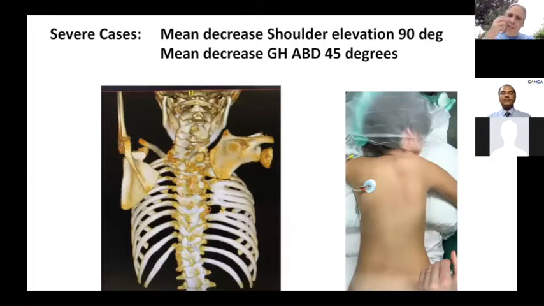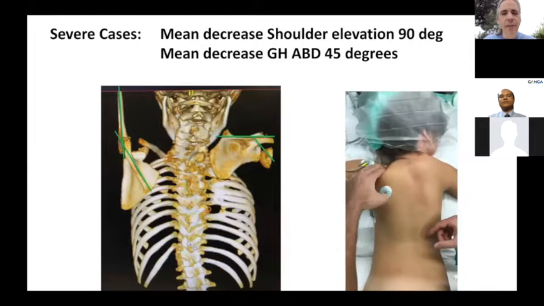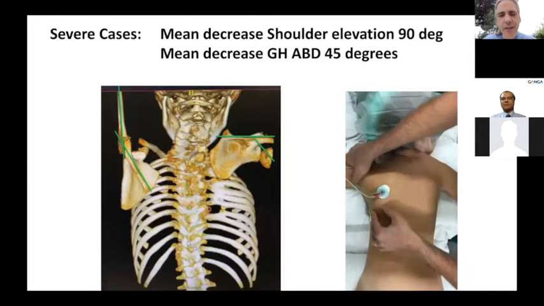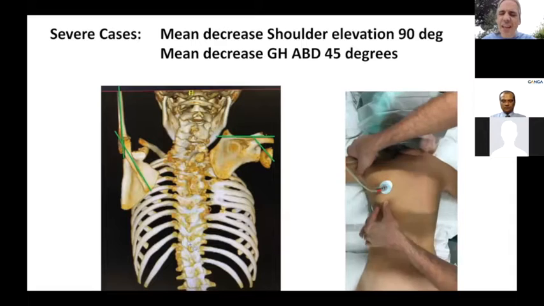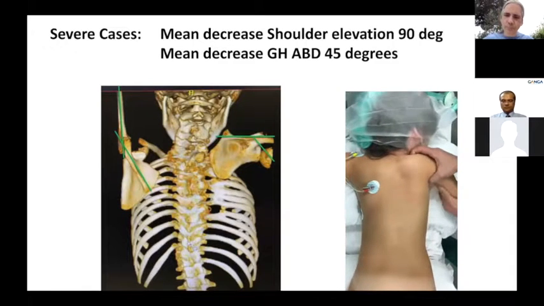If you see this patient from the severe group, combining Sprengel and Klippel-Feil, on the CT scan you see a passive glenohumeral abduction angle of 40 degrees. If you check the other side, this angle is minus 30. So there is 70 degrees of difference.